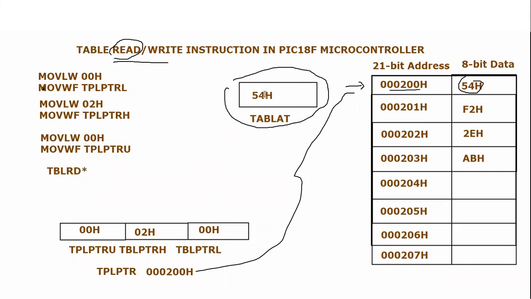For example, you can move that content into the working register, you can complement it, or you can increment it. Let's say I want to complement it, so I will simply write COMF, complement file, and which file am I interested in? TABLAT. Or if you want to move it, you can move it. For example, MOVF, move this file, the TABLAT register, into the working register.